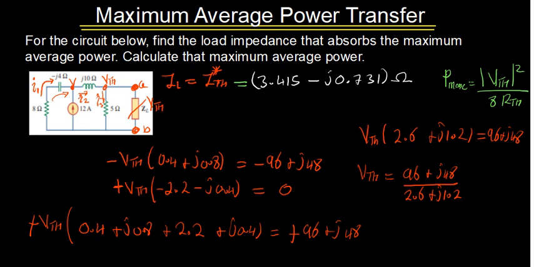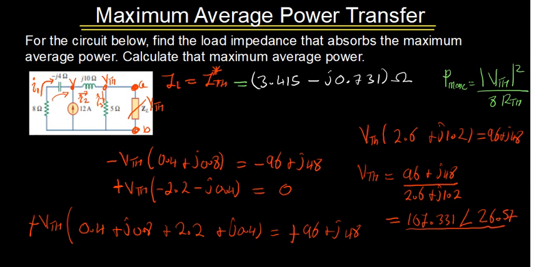So the best thing that you can do here is convert that to polar, then do the needful. So it is 96 comma 48. What I get is 107.331, then the angle I'm getting is 26.57.